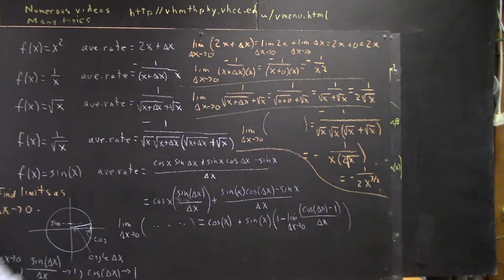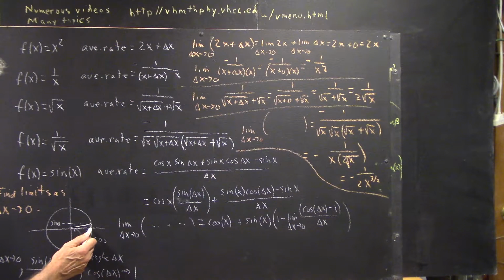And this work gets kind of difficult to see, and I'm probably going to need to follow up with a bigger picture. It turns out that if you look at this picture, cosine of x minus 1 is just the difference between this projection here and 1, okay, because here's 1.